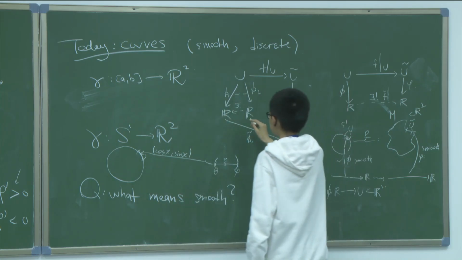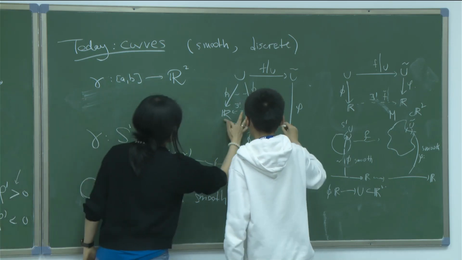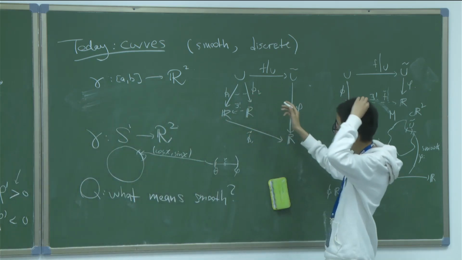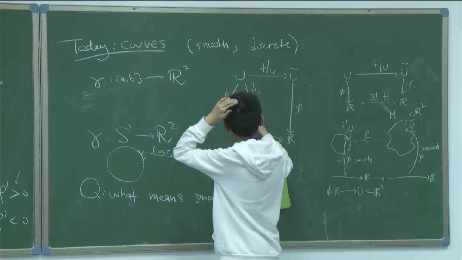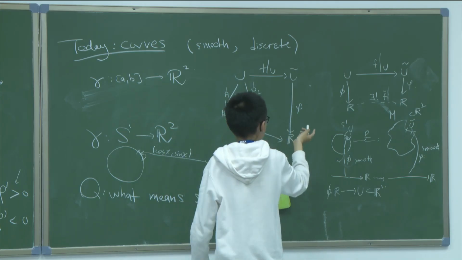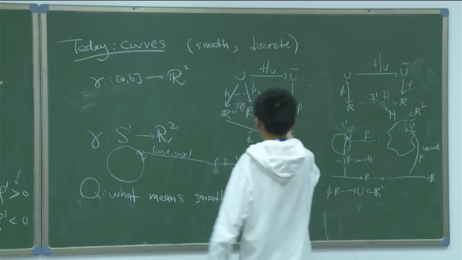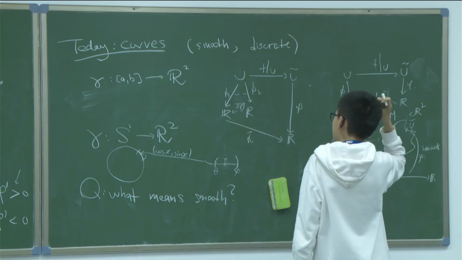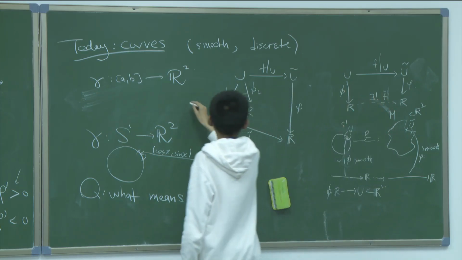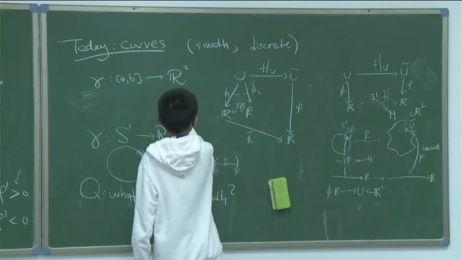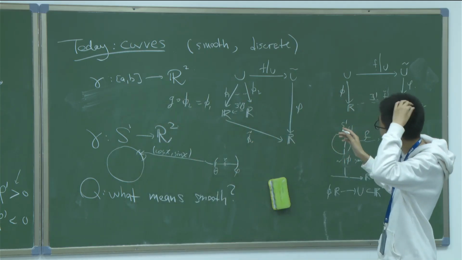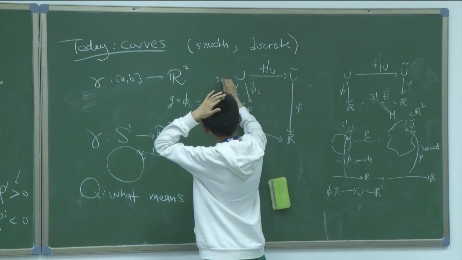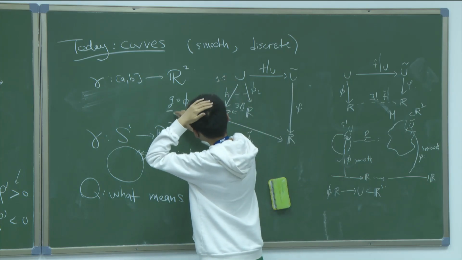What is the map between this one? From R to R. Give it a name. Write it in phi 2 and phi 1. You can write it, right? Phi 2 G phi 1. So G exists because they are one-to-one.